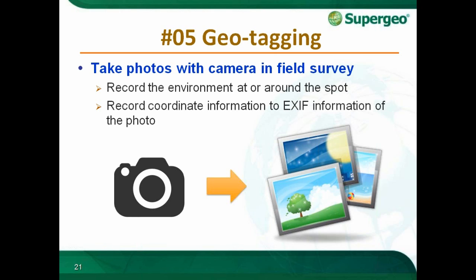In some cases, maybe you want to take photos. Taking a photo with the camera in a field survey with SuperSurv is very convenient. Also, if you turn on the geo-tagging function within the iOS settings, SuperSurv will record the coordinates information in the EXIF information within the photo.